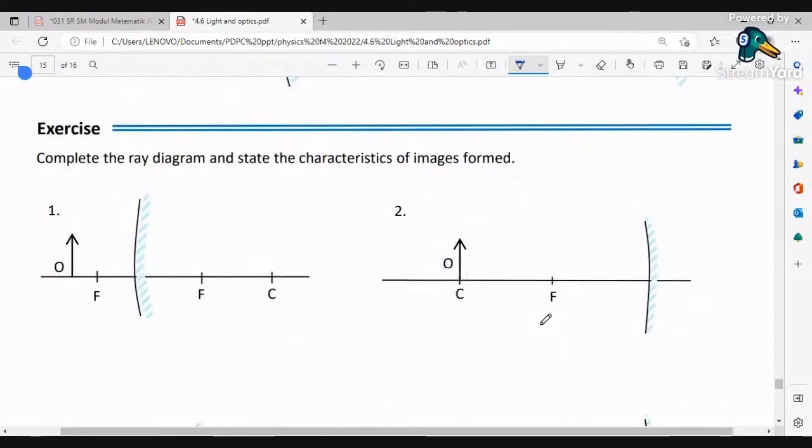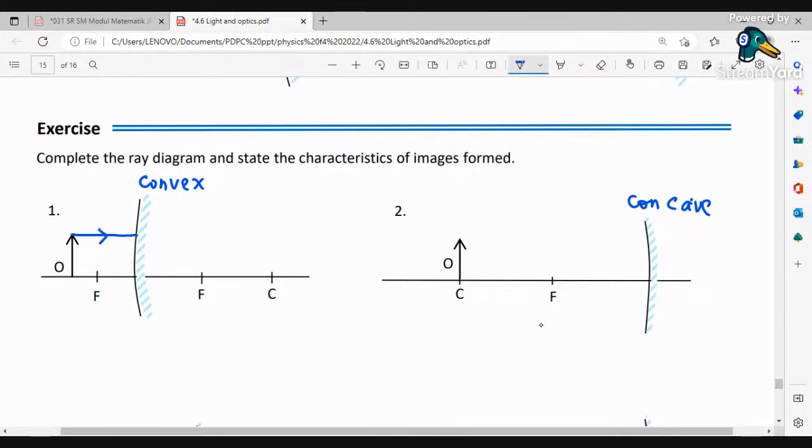Okay, look at the exercise question. Complete the ray diagram and state the characteristics of the image formed. So this is convex. This is concave, know the difference. This one curves inward, and this is convex. We can draw a ray parallel to the principal axis.